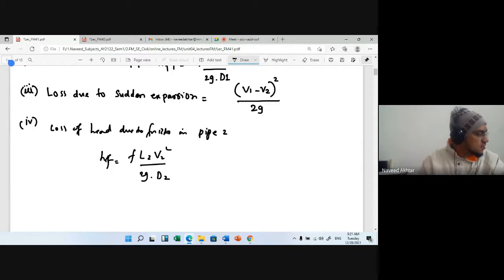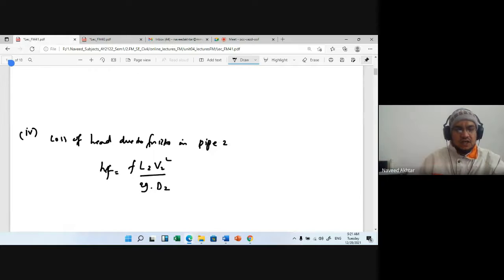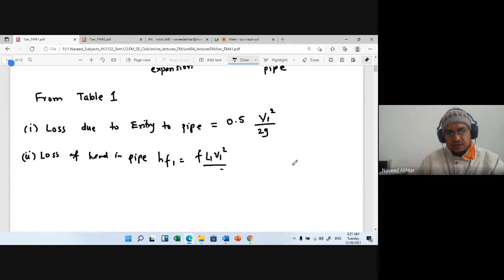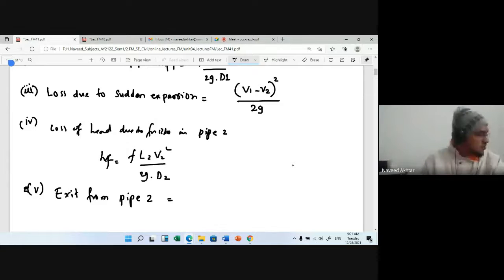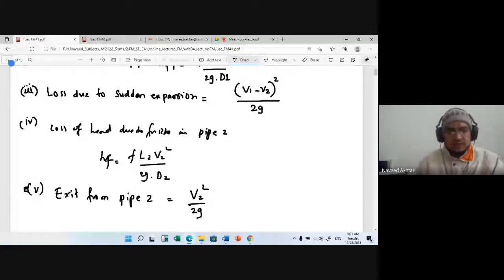Okay, this is the friction loss in pipe 2. And then the last one is the exit from pipe 2. Only these 5 losses will be there as per your figure. So here you can write it is V2 square upon 2g. So these are the minor losses and losses in the pipe flow network.